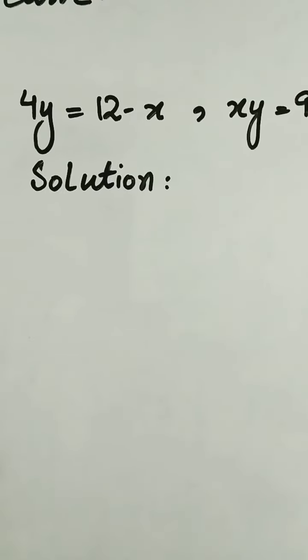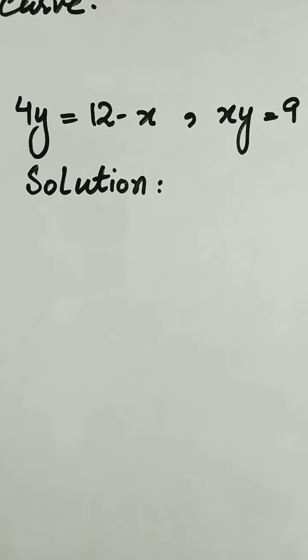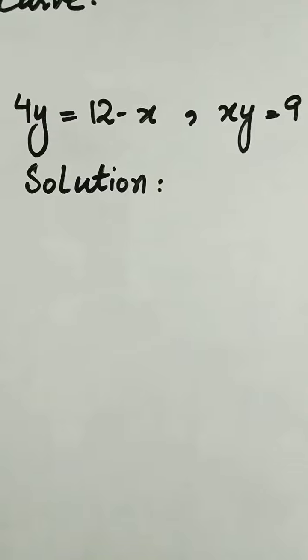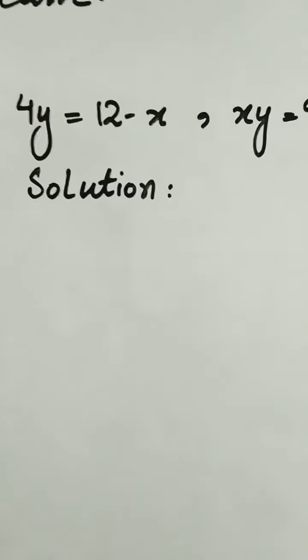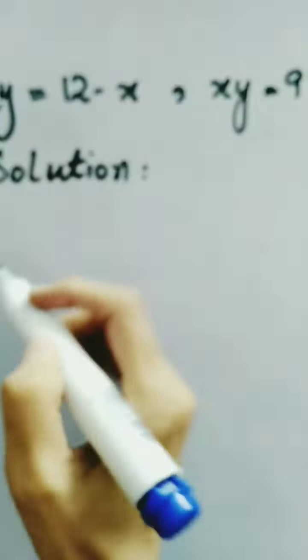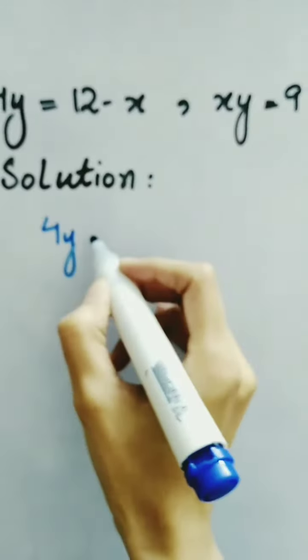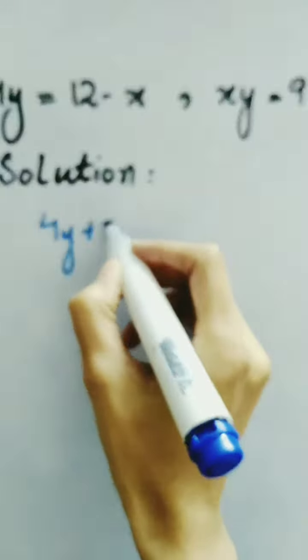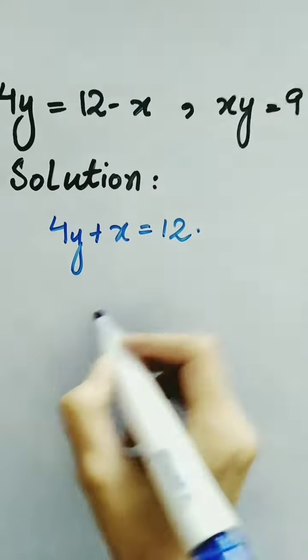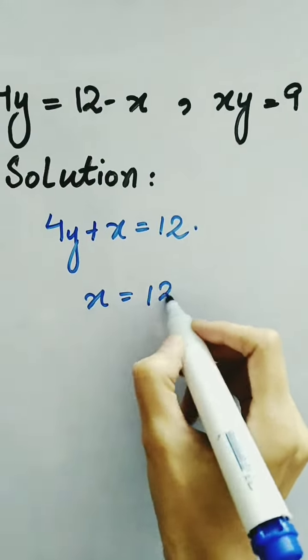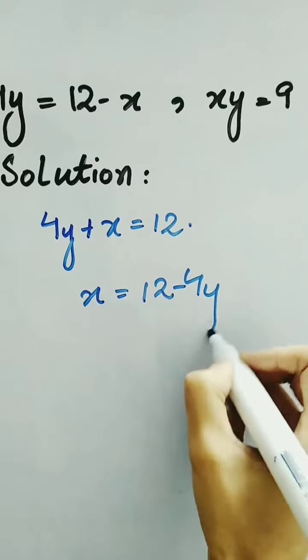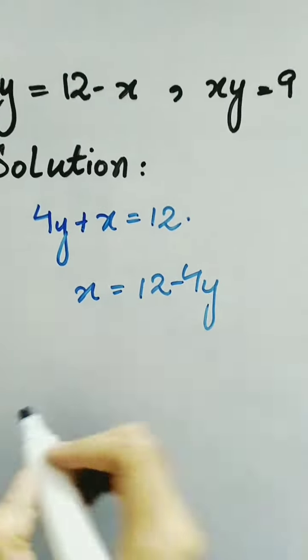Here we have another pair of equations. 4y equals 12 minus x and xy equals 9. First we will derive the value of x from this equation. 4y here, minus x, we will take it here, it becomes plus x equals 12, or x equals 12 minus 4y. We have just simply taken 4y here.